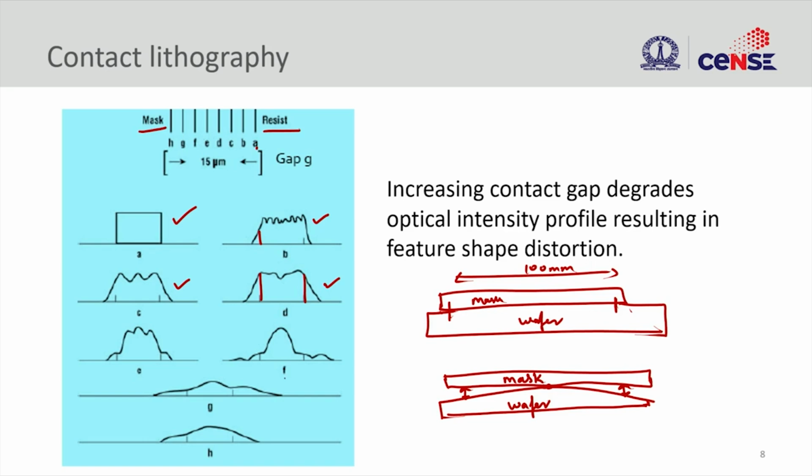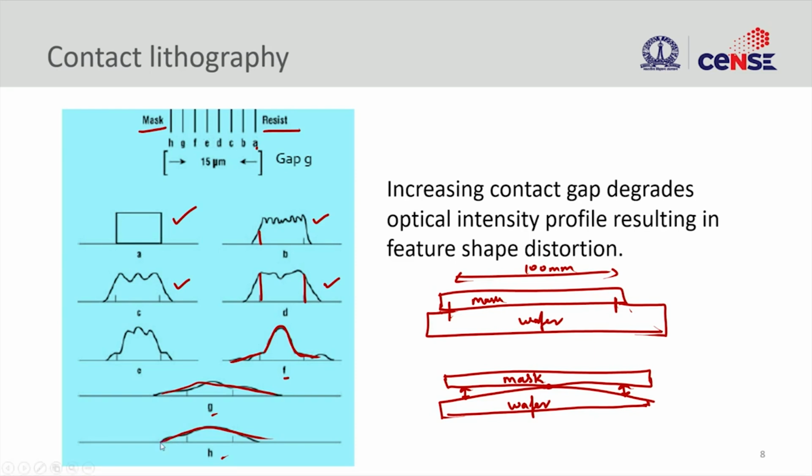At some point, let's say in this case F, further away from your resist, you still see some reasonable intensity, but then it dies down pretty quickly, and then in positions G and H, almost you don't have any profile at all.